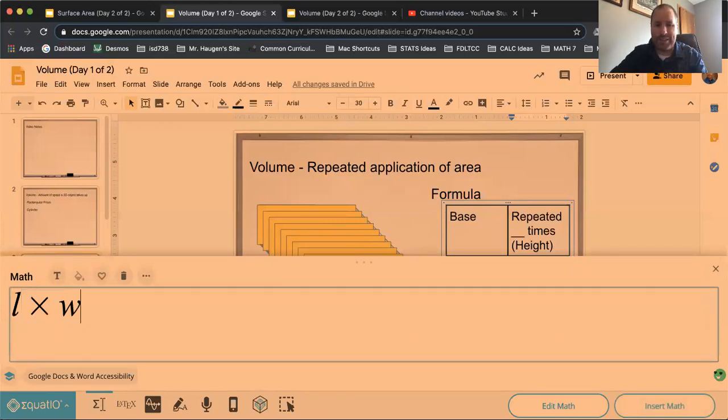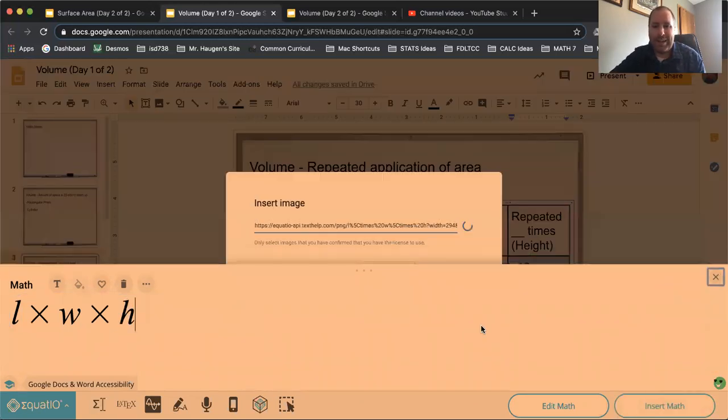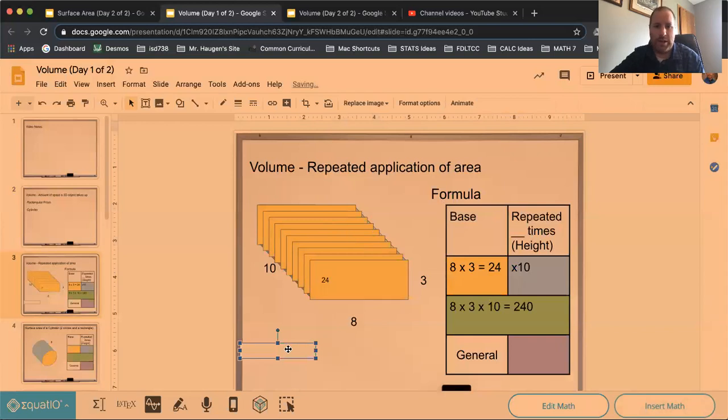That gives us the base, and then we multiply that however many times the height is. We repeat that however often the height is, and that's usually the general form of that. That's in general how we would find that thing.